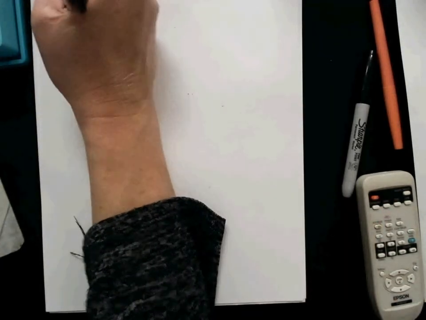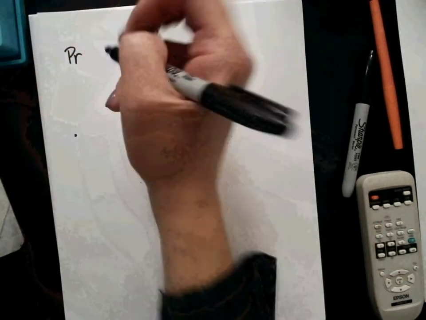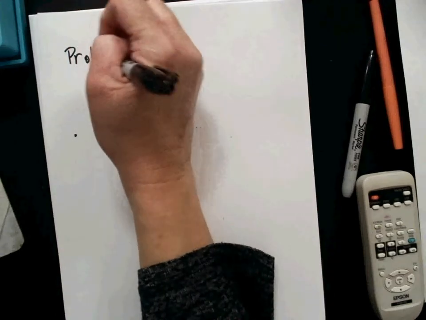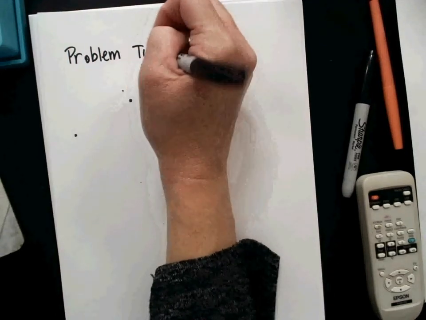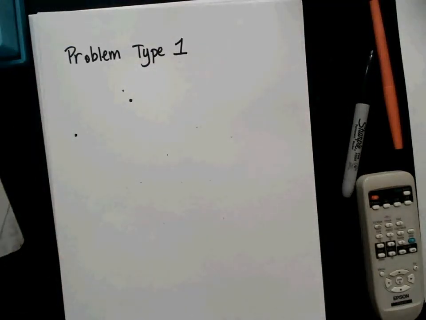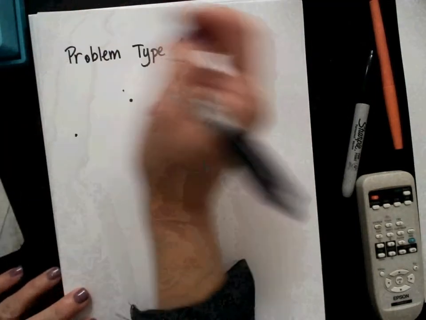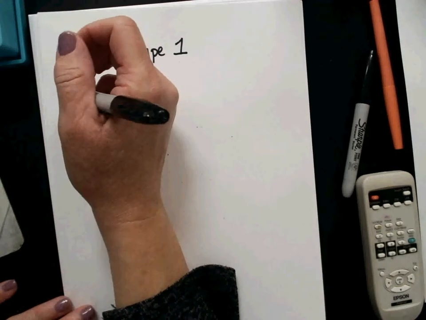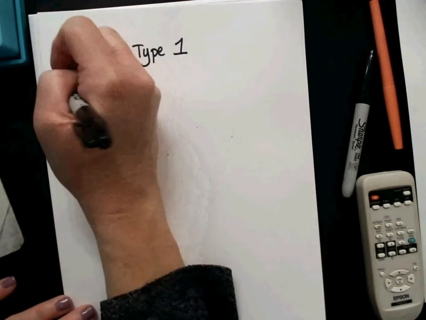This would be problem type 1. And this is how you figure this out, what kind of math you need to use.